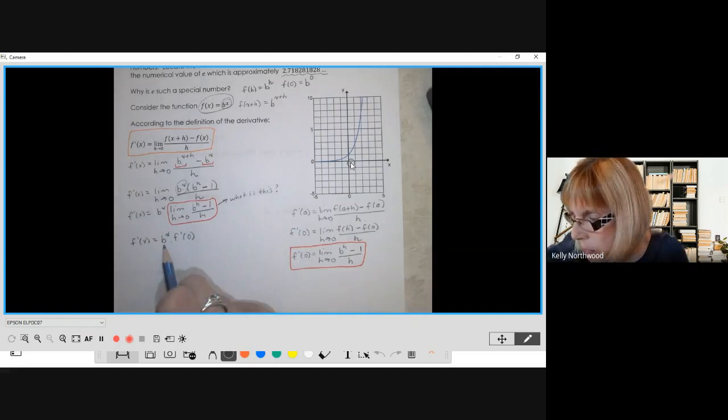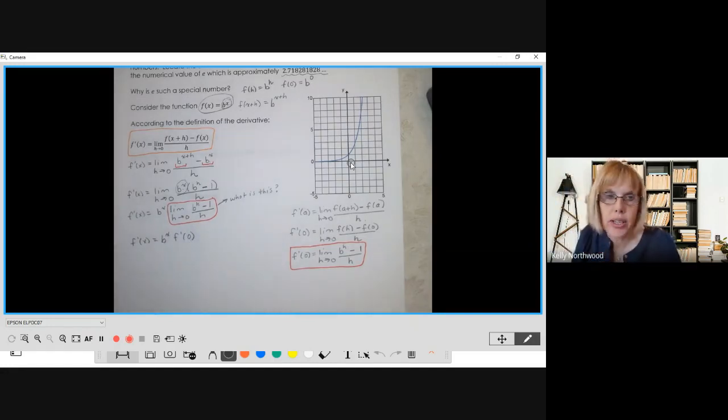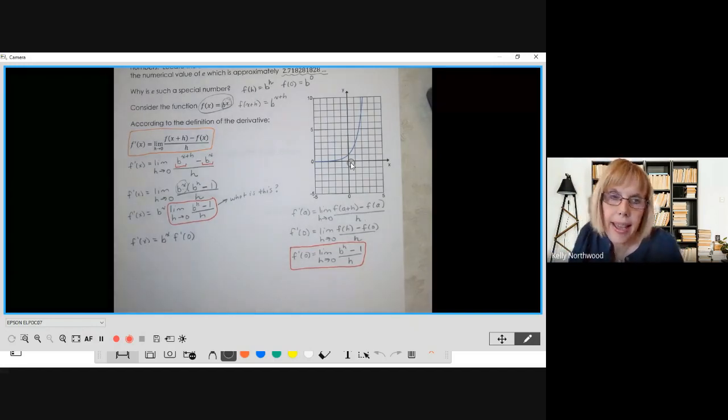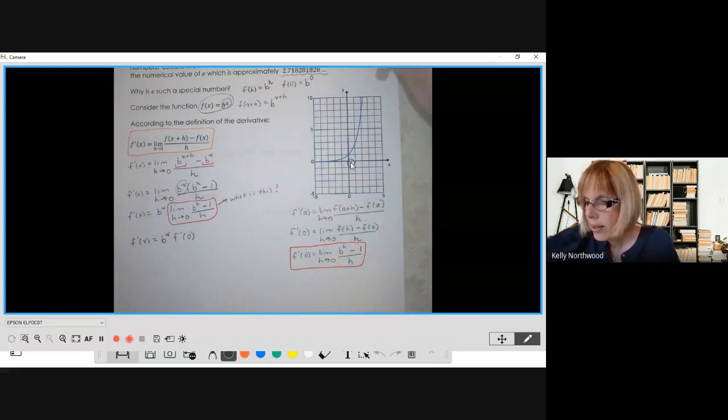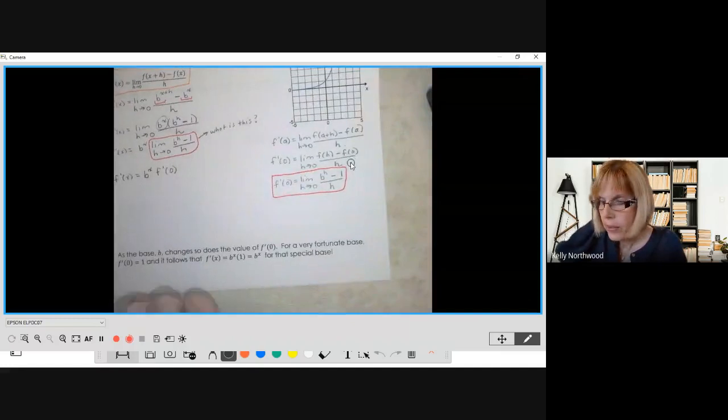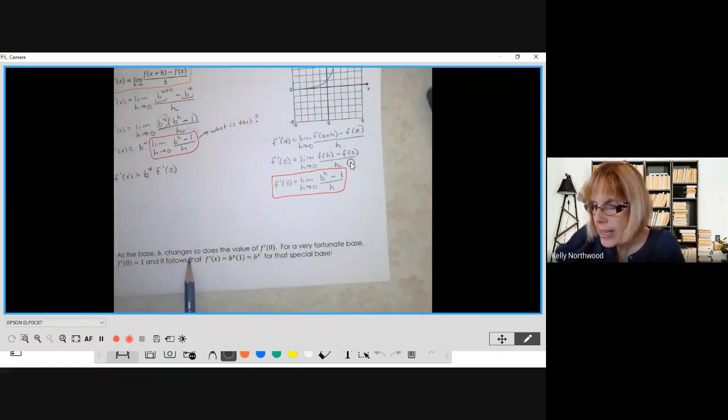Now what's going to happen is, depending on what b is, f prime of 0 is always going to change. It's going to be something different depending on whether the base is 2, 3, 4, 5, 6, a half, 4. So I've written down at the bottom here that as the base b changes, so does the value of f prime of 0.